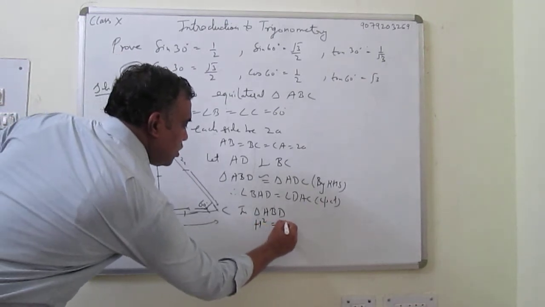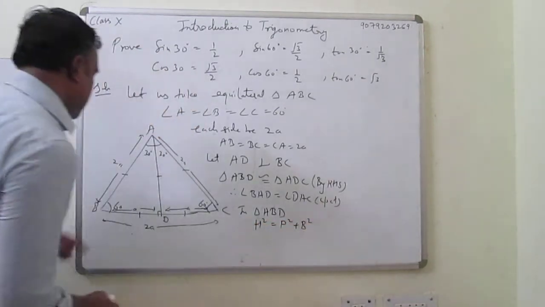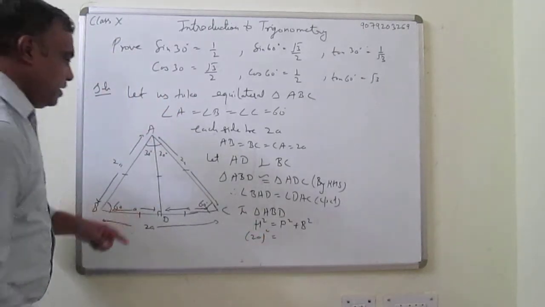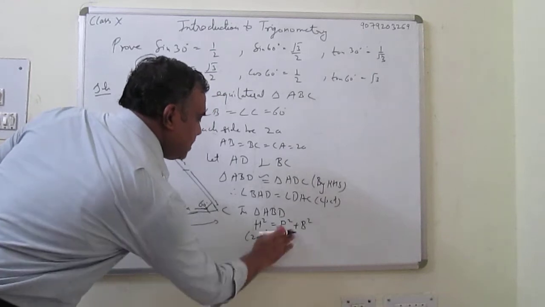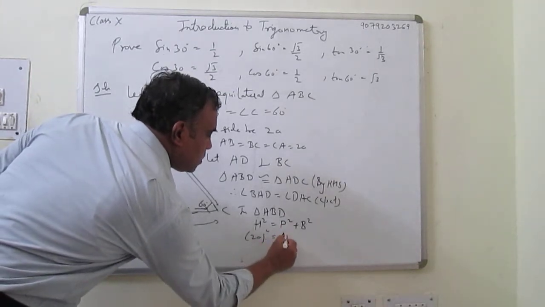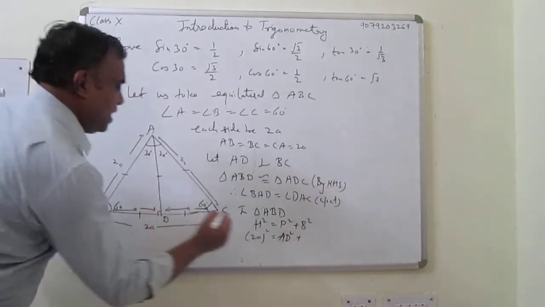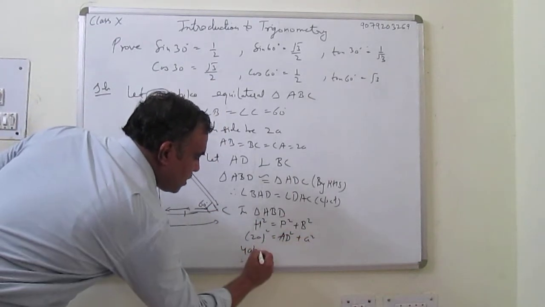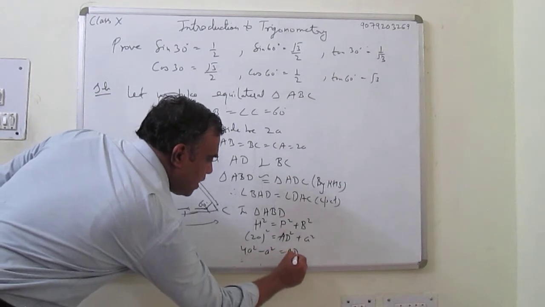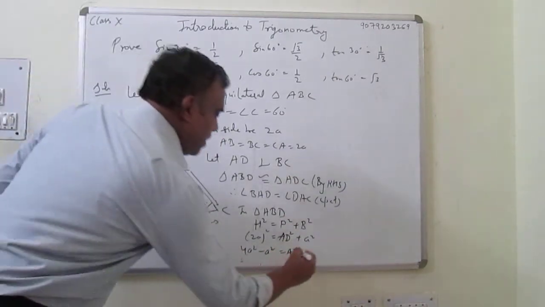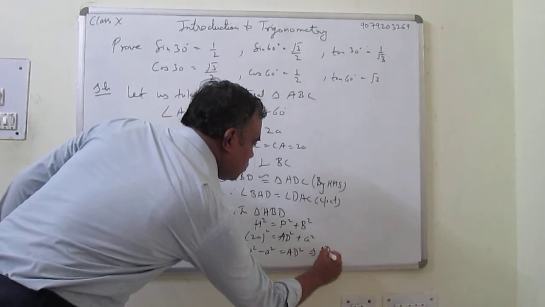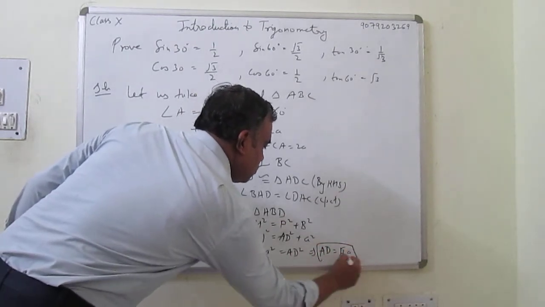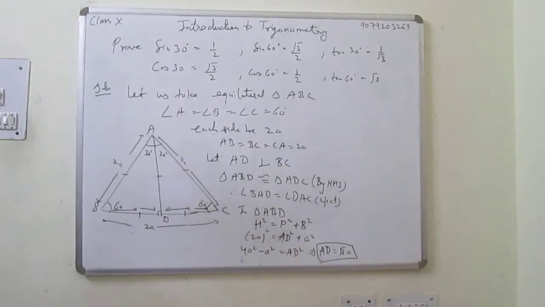Hypotenuse square is equal to perpendicular square plus base square. The hypotenuse 2A whole square is equal to AD square plus A square. So 4A square minus A square is equal to AD square. This implies AD is equal to root 3 A.